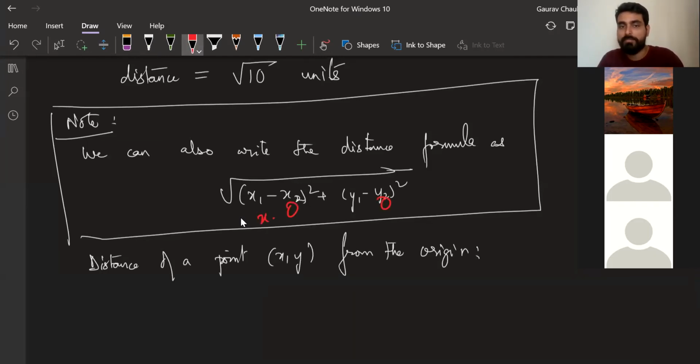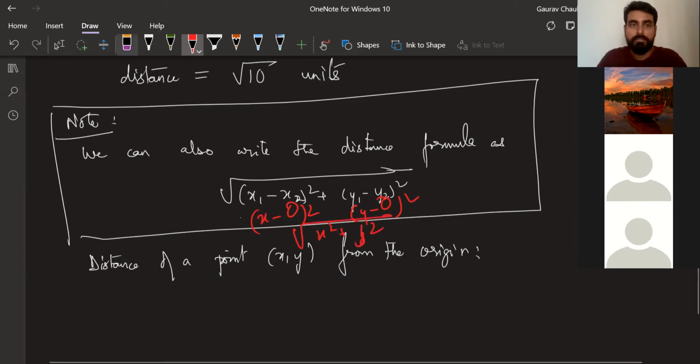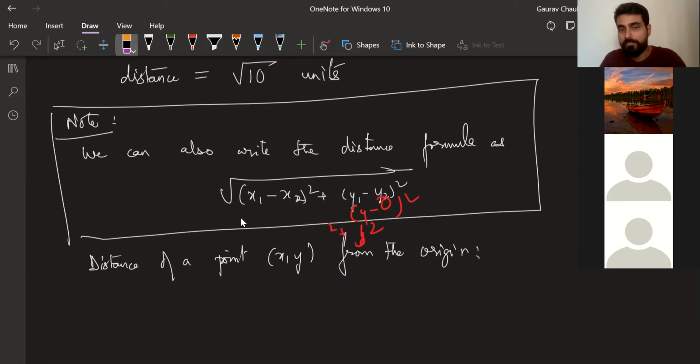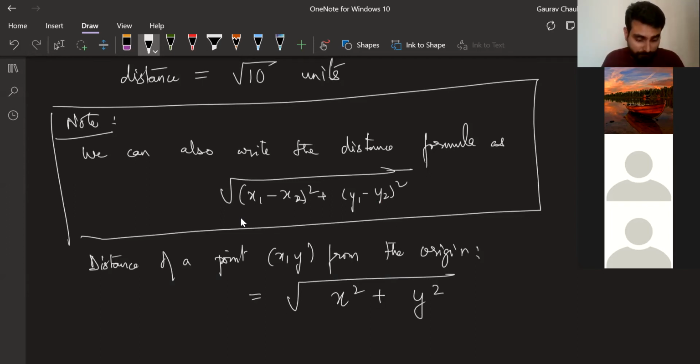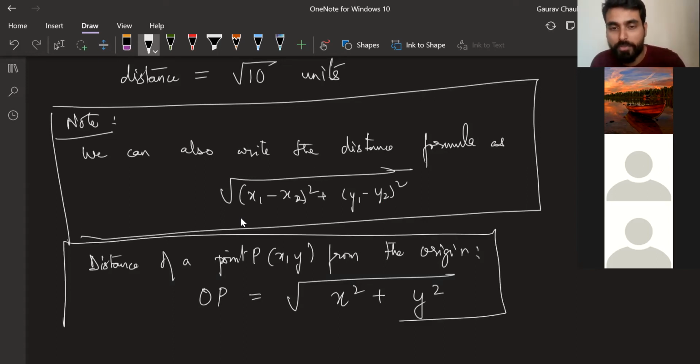You have just x minus 0 the whole square and y minus 0 the whole square, so you end up with x square plus y square under the root. That's equal to root over x square plus y square. You can write point P and the distance will be OP, because O is the origin. Put this also in a box.